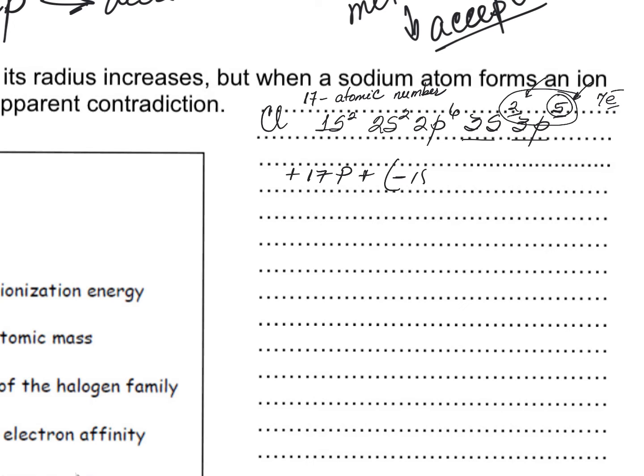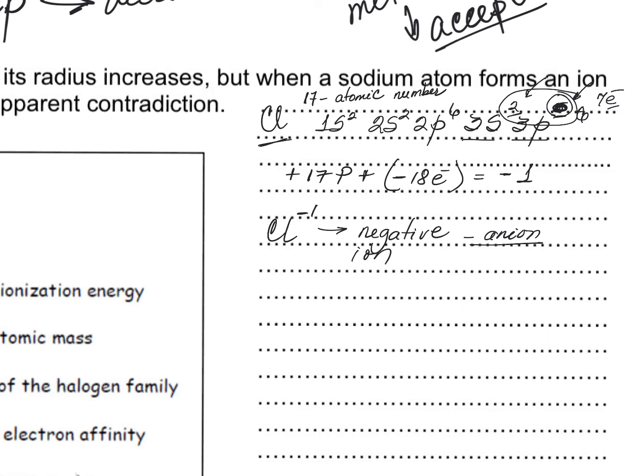Now you're going to have 18 electrons, which are negative, okay? Because you are adding 1 in this one. So instead of 5, you're going to have 6 in there. When you do the math, plus 17 plus negative 18, this is what we call a negative ion, or an anion, in chemistry.